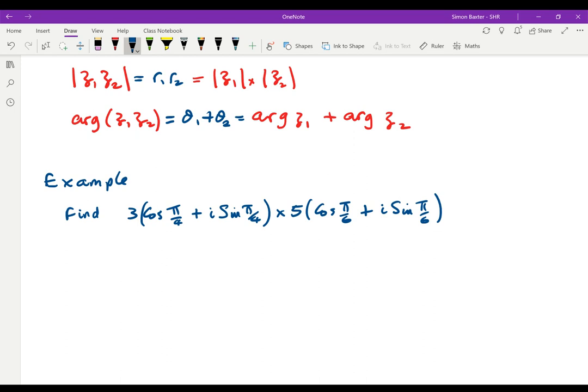Well, this is not too difficult. It obeys the rules above. We're multiplying two numbers together. The first number has modulus 3, the second number has modulus 5, and so the product of those two numbers will have modulus 3 times 5.